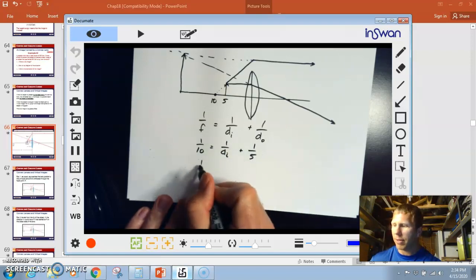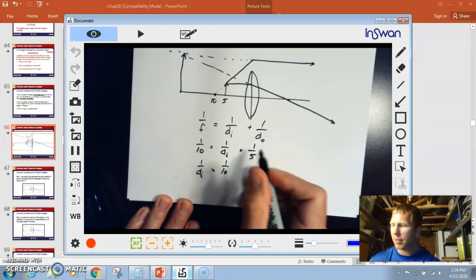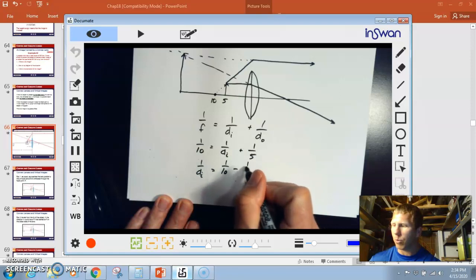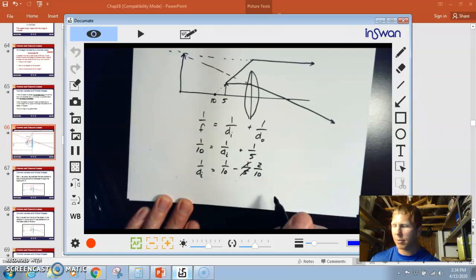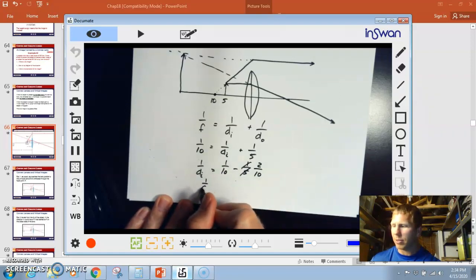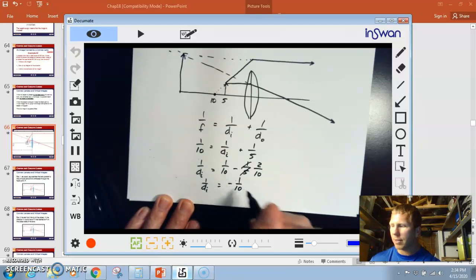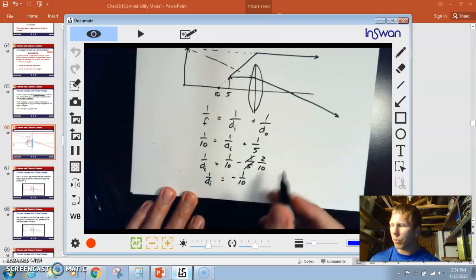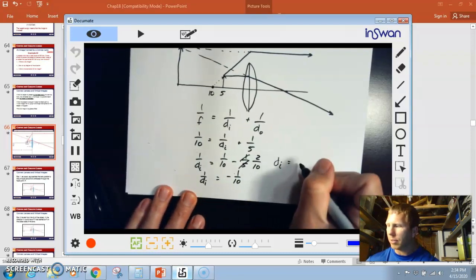If you do the math, what we would get is 1/10 minus 1/5, which can be written as 2/10. And what we'll see here is we get 1 over di equals negative 1/10, and therefore di would equal negative 10.